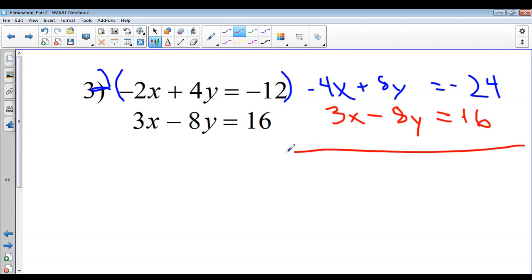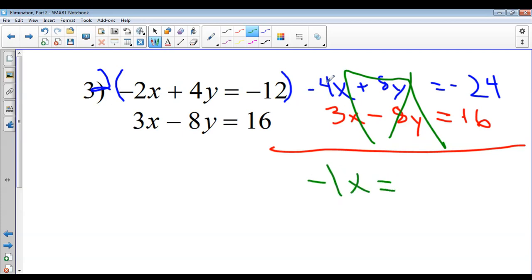And then we just say, all right, we have our opposites, the 8y's. When I add straight down, I'm going to get negative 1x, because negative 4 plus 3 is negative 1. And negative 24 plus 16, what's that going to give you? That's going to give you 8. Is it going to be positive or negative? You better be saying negative, right, kiddo?